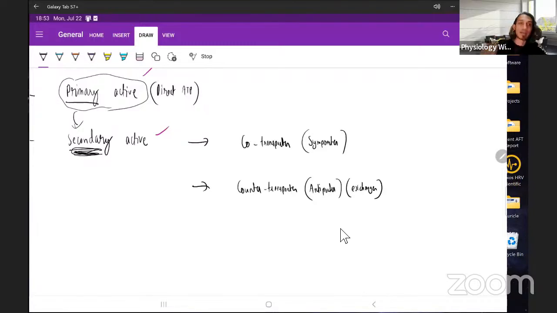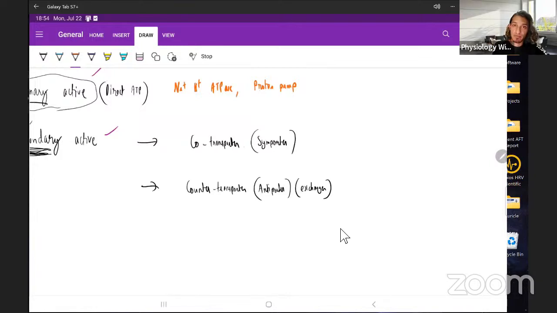Okay, as well as your primary active transport. So one example of primary active transport is your sodium potassium ATPase. Okay, next is the proton pump, which is there in your acid secretion.